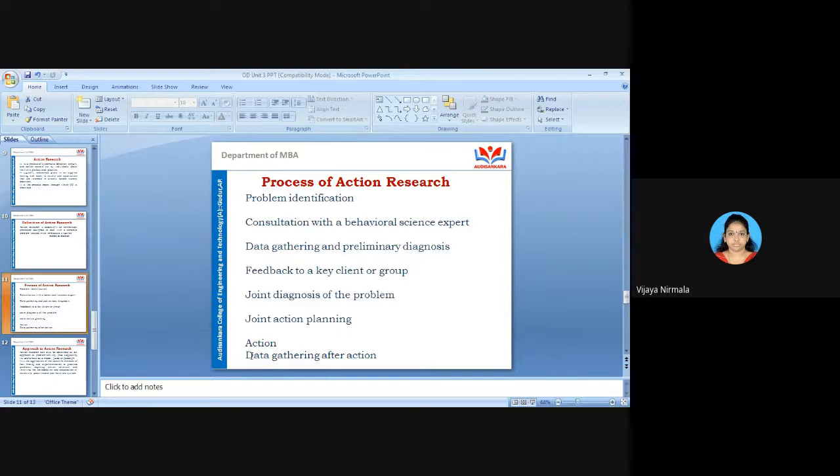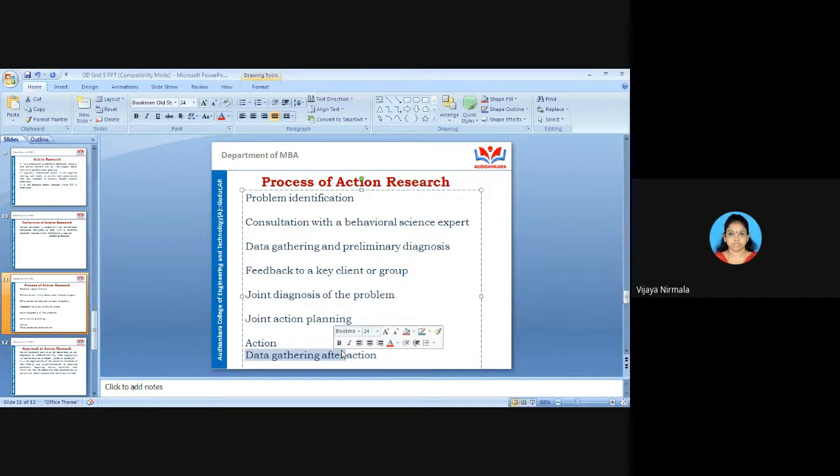Okay, the last one is data gathering after action. We have already discussed that action research is a cyclic process. Here, the data must also be gathered after the action has been taken.